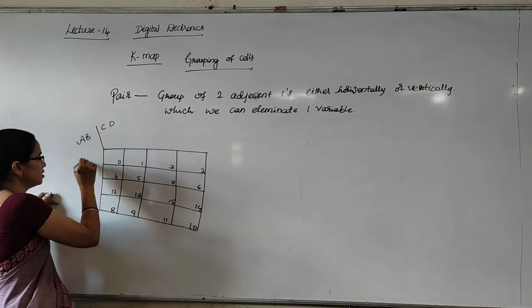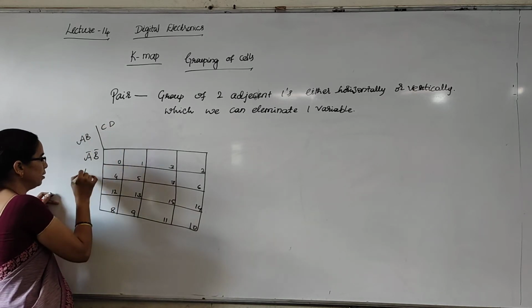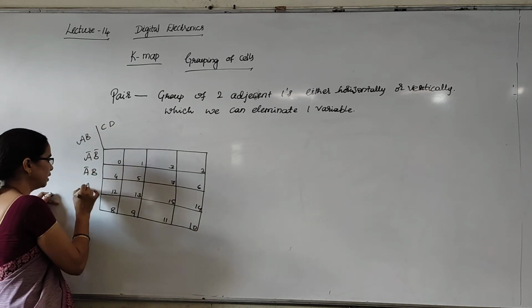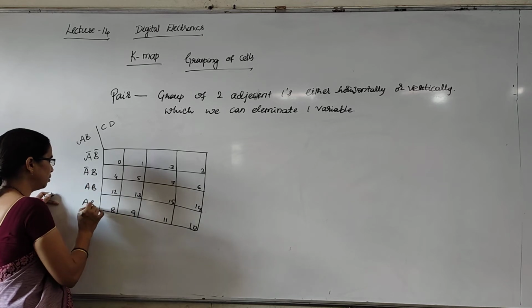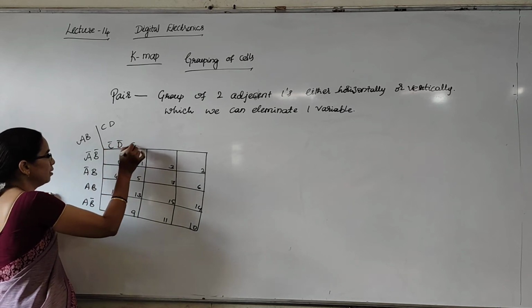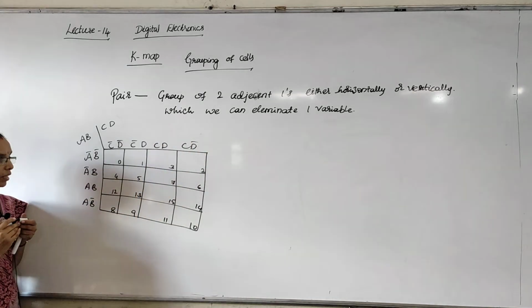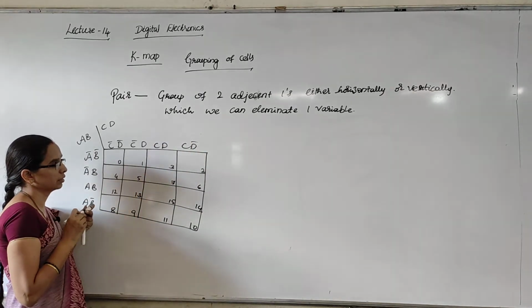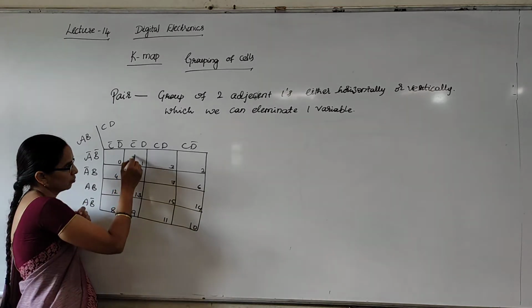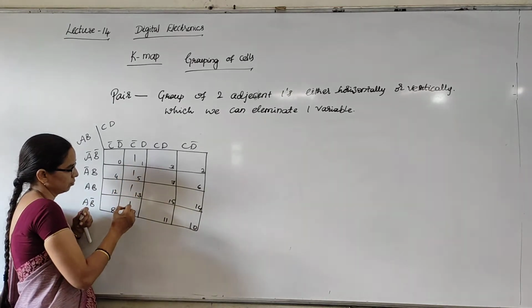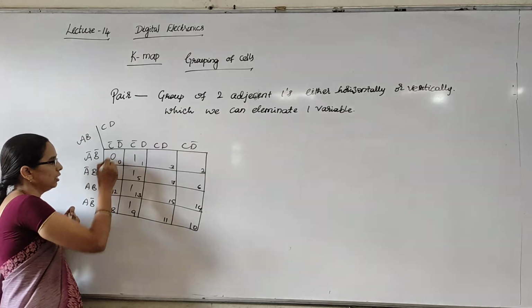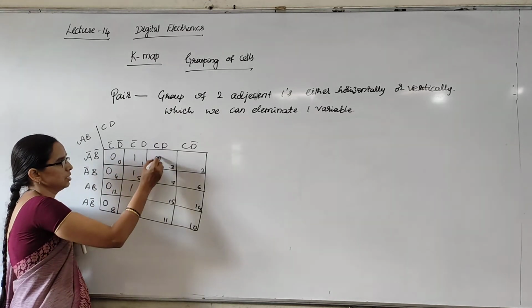We have 4 variables A, B and C, D: A bar B bar, A bar B, A B and A B bar; C bar D bar, C bar D, C D and C D bar. If I have this, and all others are set to 0.